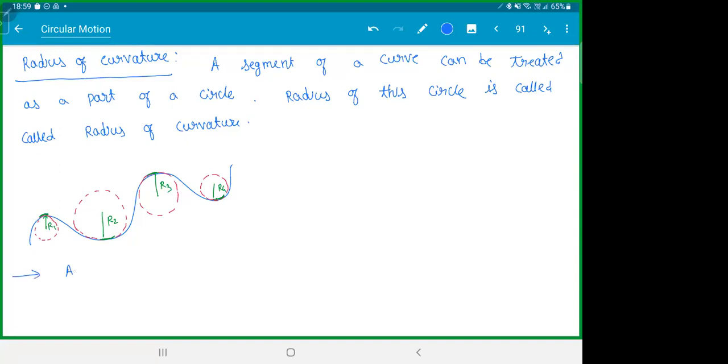So basically, a curved path can be treated as an assembly of small arcs or small lines.